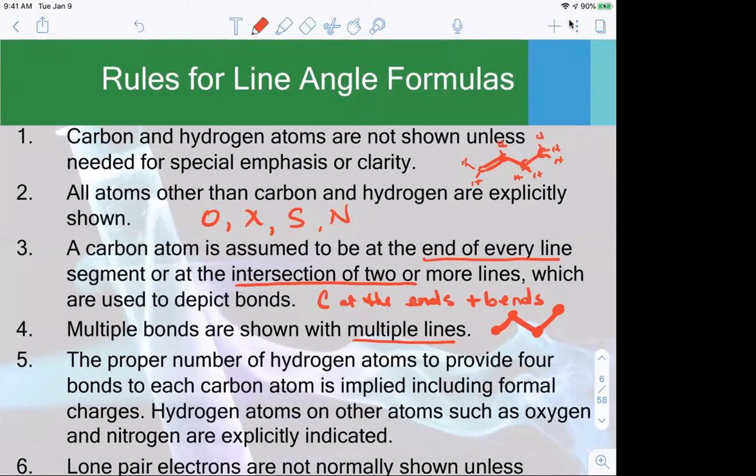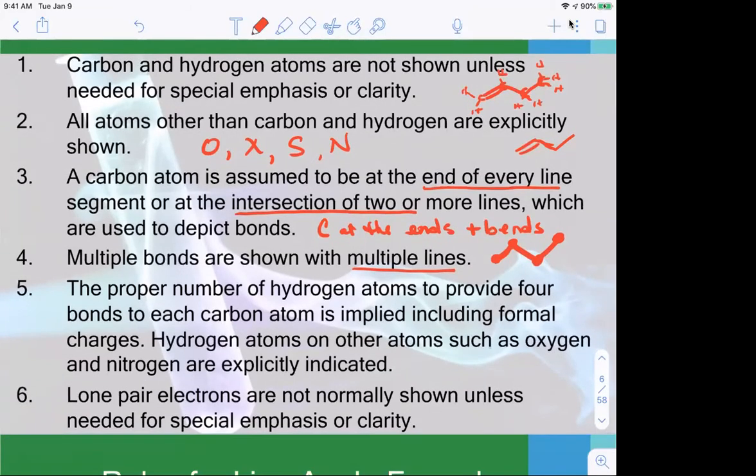But for the actual line formula, I'm just going to draw that. And then I'm going to assume to place all the hydrogens in order to give every carbon 4 bonds. So the proper number of hydrogen atoms that aren't shown are assumed so that they provide 4 bonds to each carbon atom. This also includes if I have formal charges. Now notice that hydrogen atoms on other atoms, such as oxygen or nitrogen, are explicitly indicated.